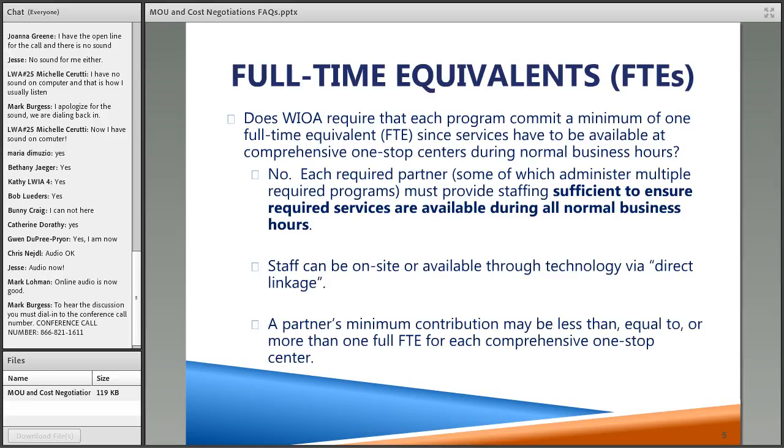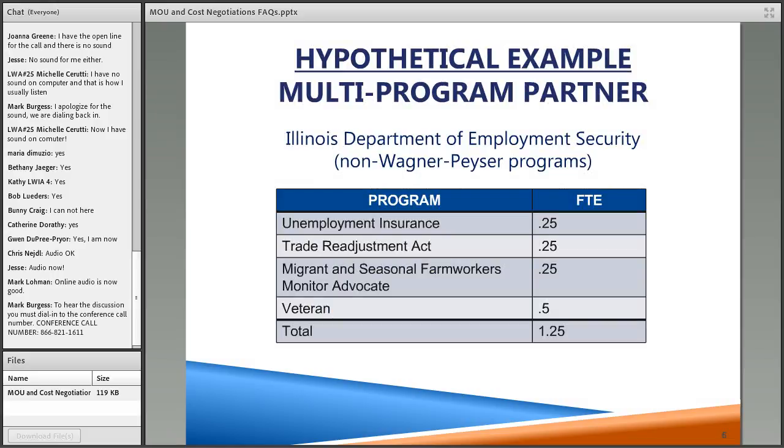The next slide provides a hypothetical example of, in this case, IDES as a partner that has responsibility for multiple programs. IDES is not the only partner that has responsibility for multiple programs, but this slide shows hypothetically how IDES in a one-stop could fulfill its responsibility to make services available at a one-stop with fewer than one FTE.